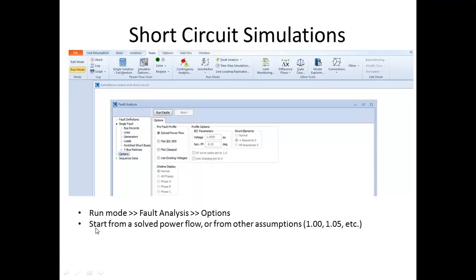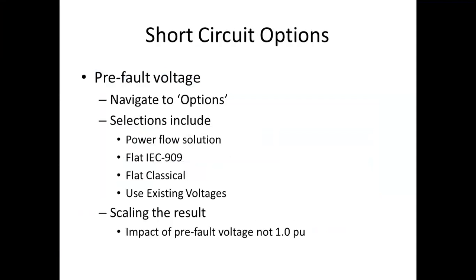Next question will be, well, how do I start from this? Or should I start from a solid power flow, from some other assumption? How do I set my pre-fault voltage to be a voltage higher than 1 per unit? And that example will discuss what those options actually meant.